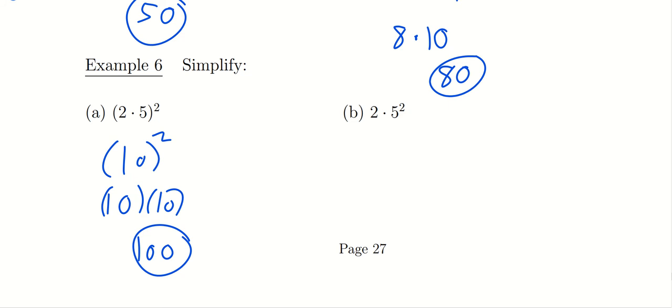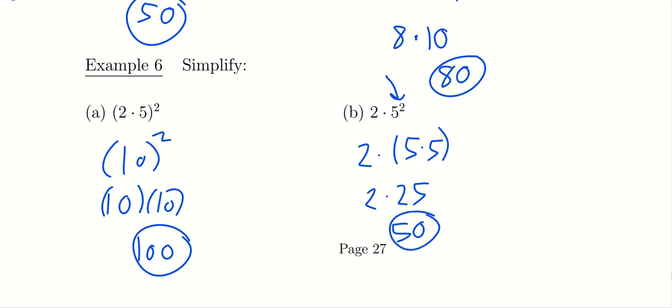Again, order of operations, there's no parentheses. We do have an exponent, so we would have to do that first. 5 squared, remember that means 5 times 5, which is 25. Now that we've done the exponent, we can do the multiplication. 2 times 25 should give us 50. So final answer on this one is going to be 50.